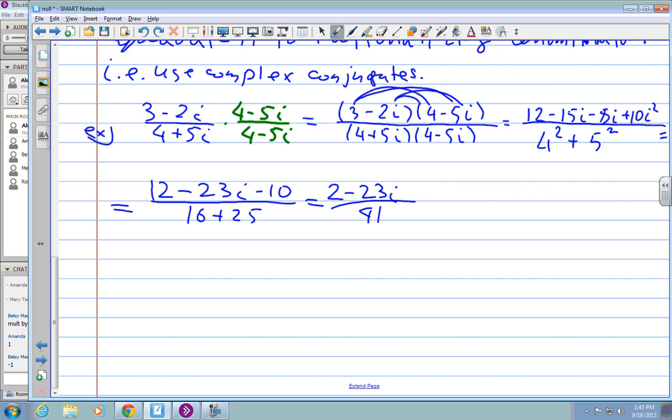Right? Yeah, because i squared equals negative 1, so it will change that sign. Is that okay? And this is 41, by the way. That's a 4.